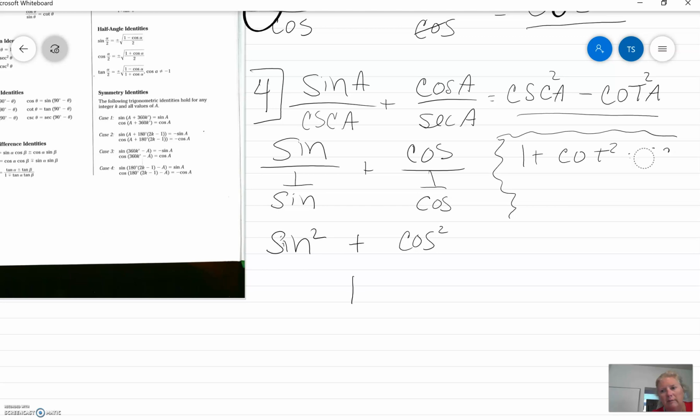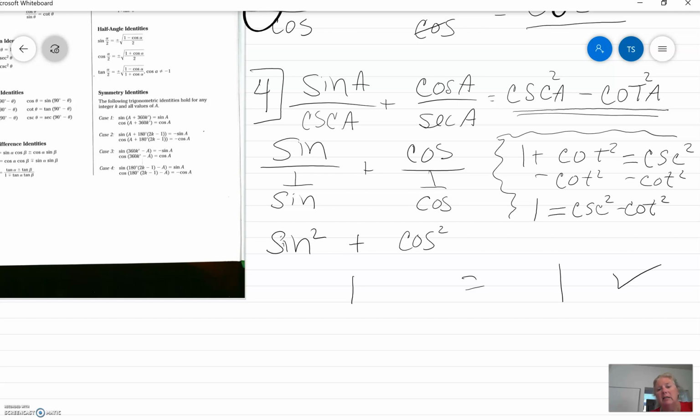Oh my goodness, same old styles, making tons of mistakes. Cosecant squared. Okay, so we can manipulate this. We subtract the cotangent squared. We get 1 equals cosecant squared minus cotangent squared. That's also 1. Does 1 equal 1? Yes, it does. So there is another way to verify identities.